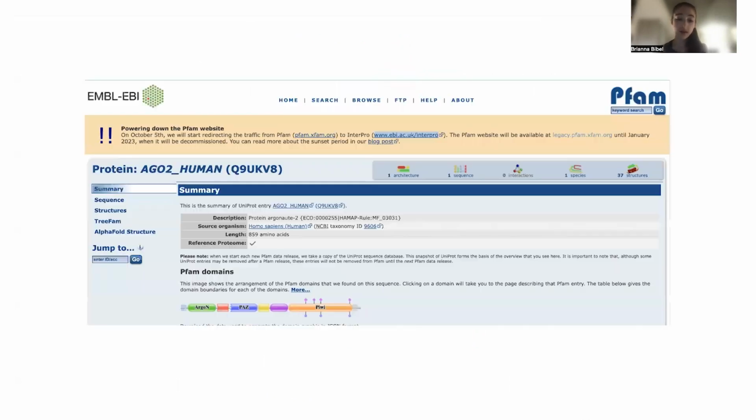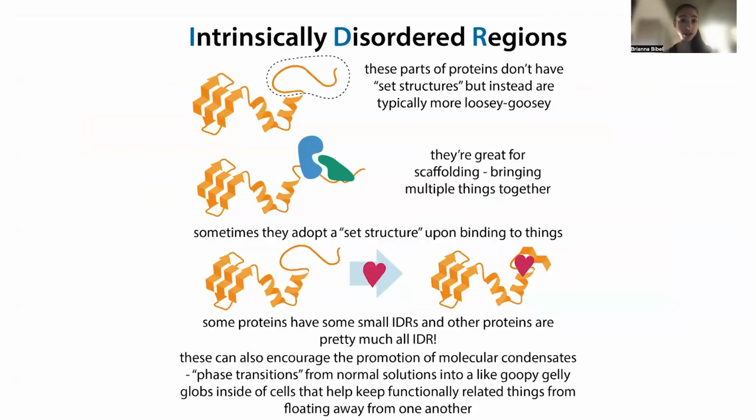Finally, let's talk about when you often see this domain architecture laid out in figures like this, where you have these different domains in a linear form, represented by different colored regions. And often in between those, you'll see regions that don't have a distinct domain, just lines. These lines are often intrinsically disordered regions.